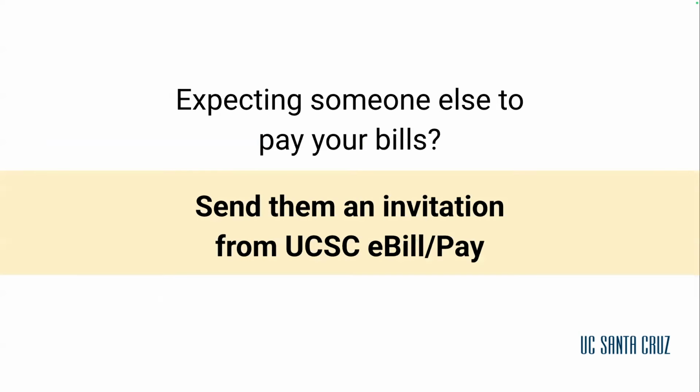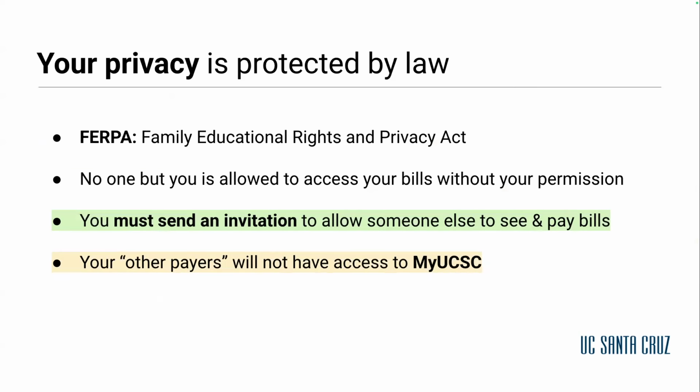If you're expecting someone else to pay your bills or charges on them, you'll need to send them an invitation from UCSC eBill ePay. As a UCSC student, your privacy is protected by the Family Educational Rights and Privacy Act, or FERPA, which restricts access to your information and records. This restriction includes financial information, which means no one but you is allowed to access your bills without your permission.